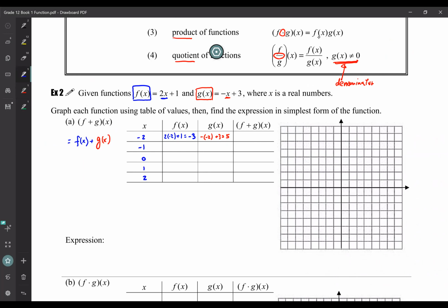So if you have a printer, you could print out the notes. It will be easier for you to write on.